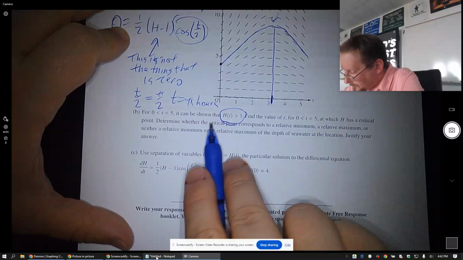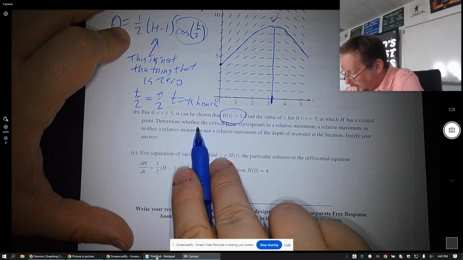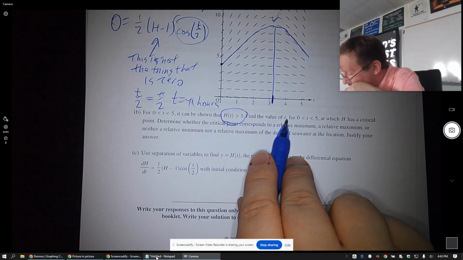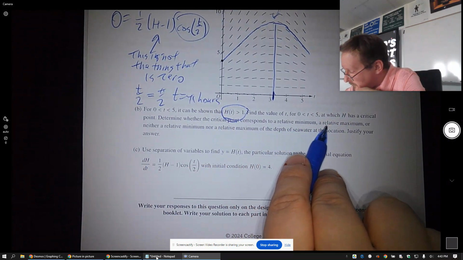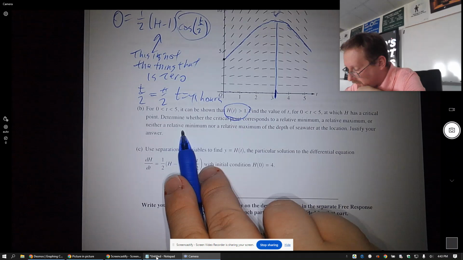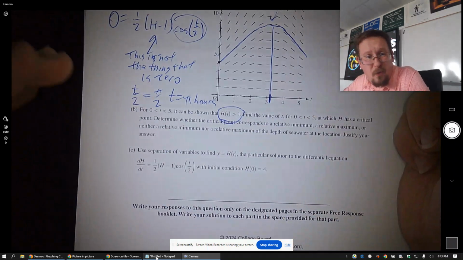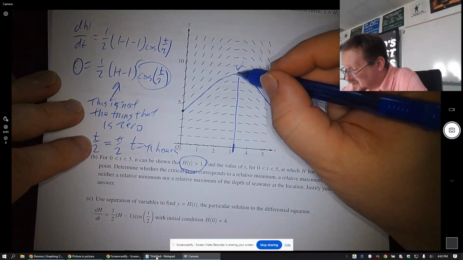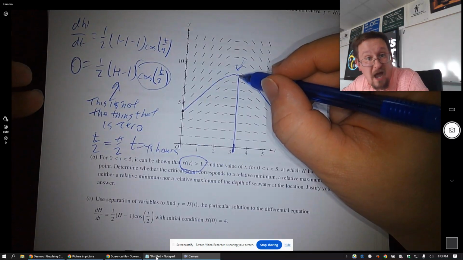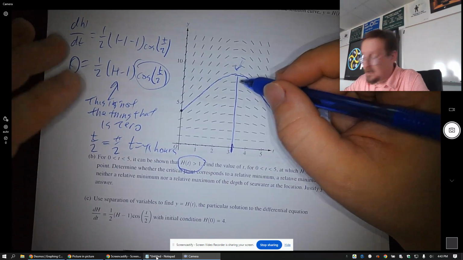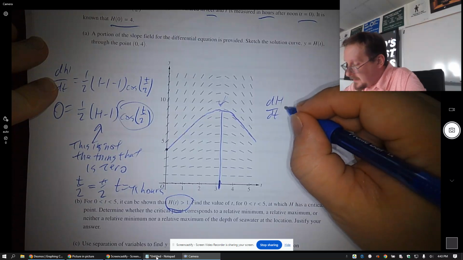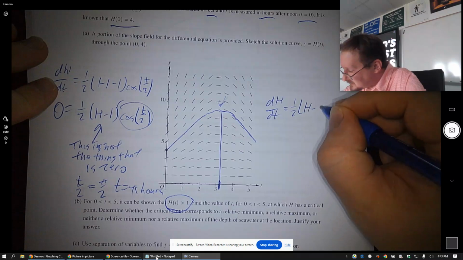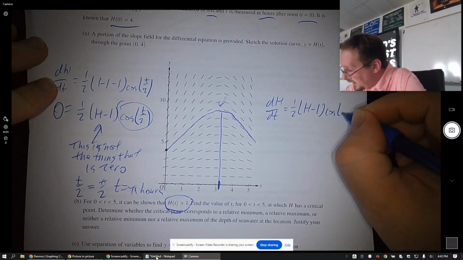Now, determine whether the critical point corresponds to a relative minimum, maximum, or neither. Well, what do you want me to say, AP Calculus? Can I just look at it and say, use your eyes? Or do I have to say this? dh dt equals 1/2 (h minus 1) cosine of t over 2.